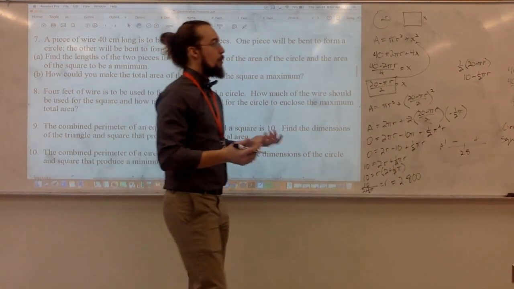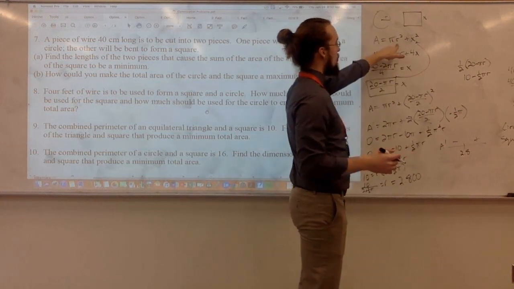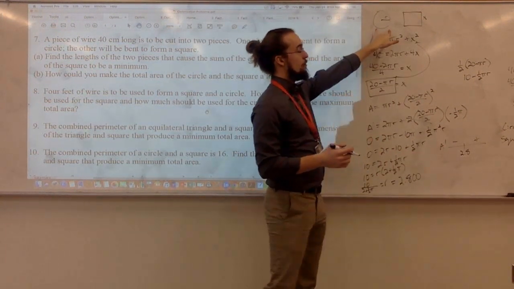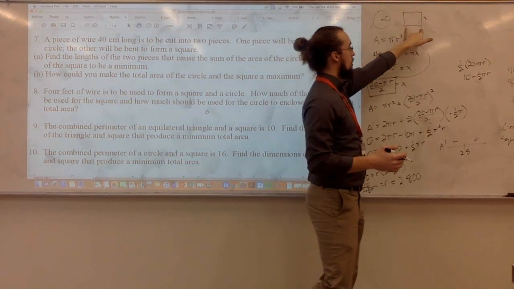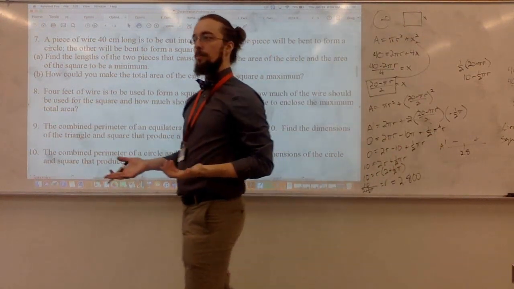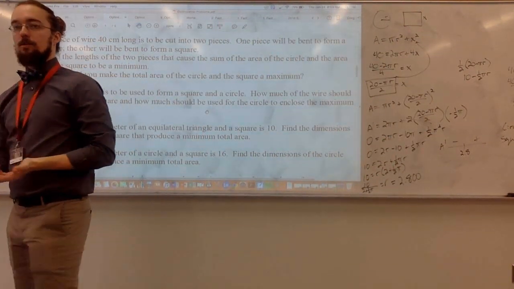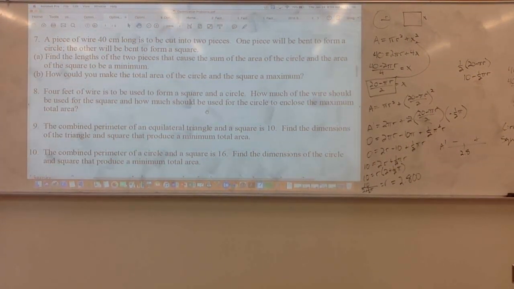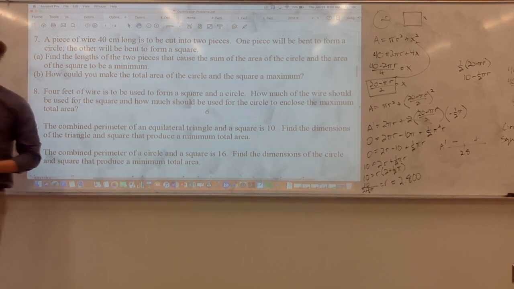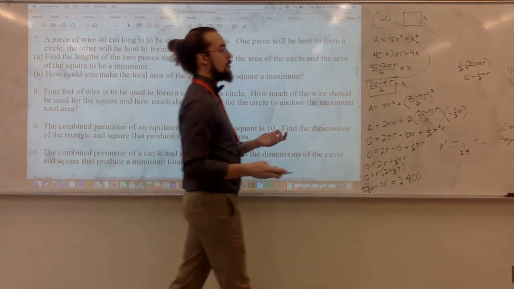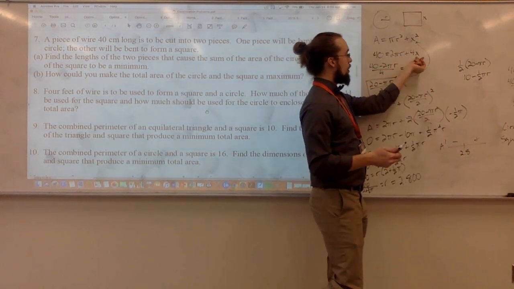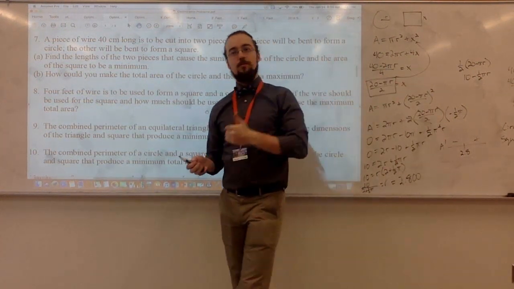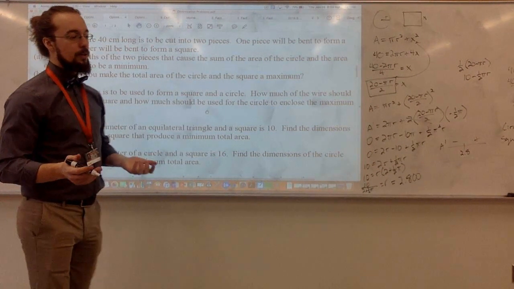Right? So what we want to test is, if I make this length 40, or if I make this length 40, which one's going to give me the bigger area? Okay. So how do I test that? We would set the perimeter of each equal to 40 and solve for each of these variables and then find which one gives us the largest area.